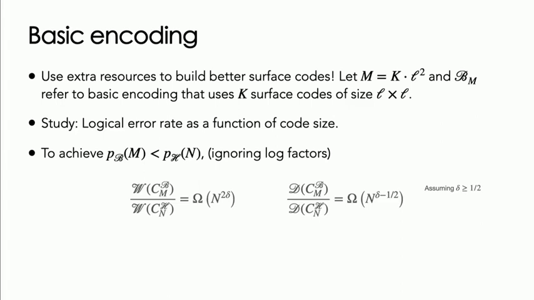We find that it's always going to be true that the depth of the circuit that is working with a basic encoding is going to be polynomially larger than the depth of merely the LDPC code. And furthermore, assuming that delta is greater than 1/2, delta here, remember, parameterizes the distance of your LDPC code, the depth of the basic encoding is also going to be polynomially larger than the depth of your hierarchical code.